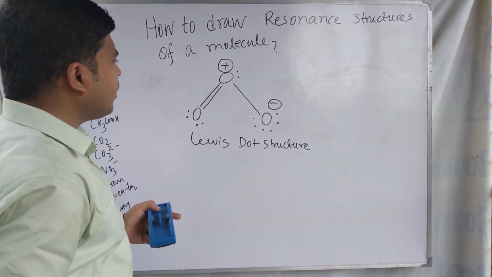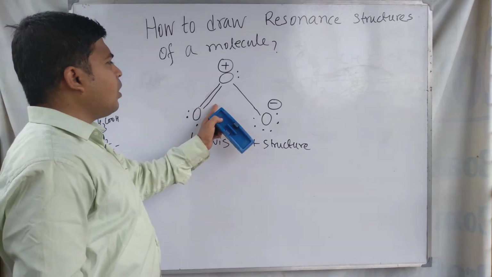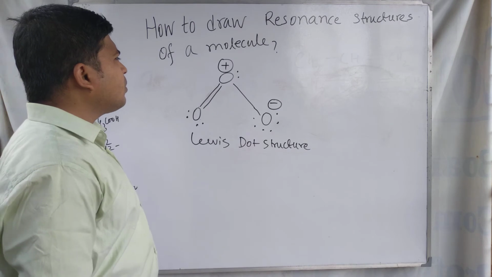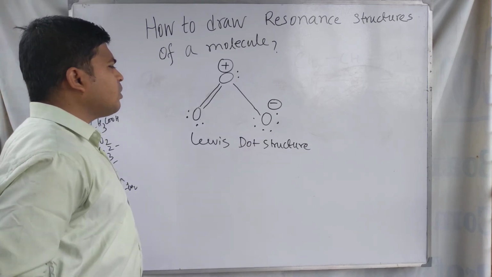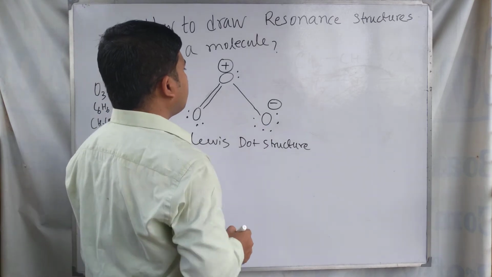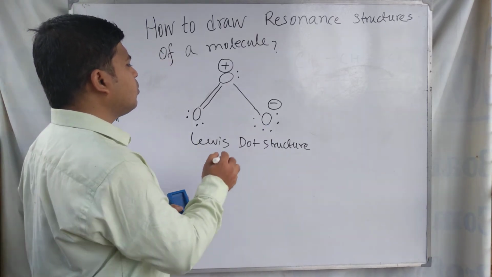And next we are seeing that an alternate double bond and single bond is present. So for this reason this molecule can give resonating structures, and we have to draw the resonance structures for this molecule.